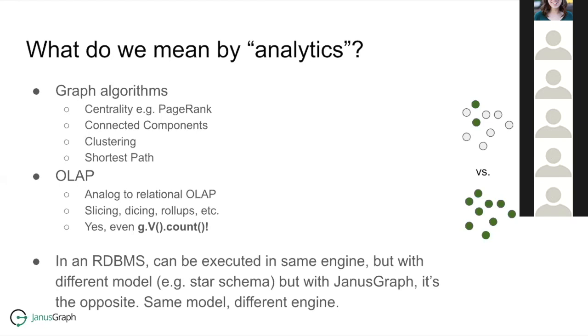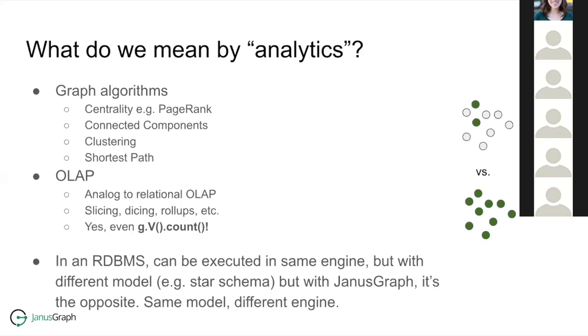You may change how you're storing that data. So in a relational database, you may start out with an OLTP model that's more normalized, and then to run analytics and roll-ups and OLAP, you'll produce a new model, maybe a star schema, a dimensional model. So there's a change in the model, but you can actually run in the same engine.